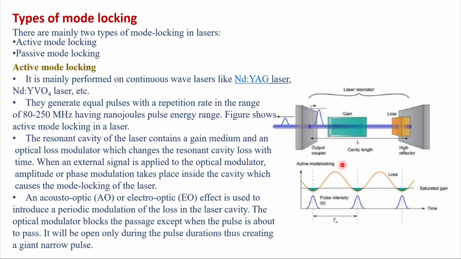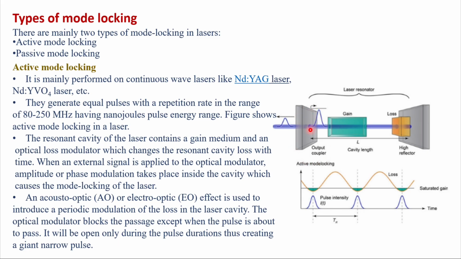Now this is the high reflector, a mirror that reflects nearly all light back into the cavity. You can see the path of light here. By this mirror, the light can pass through the medium or laser resonator, and this is the output coupler.